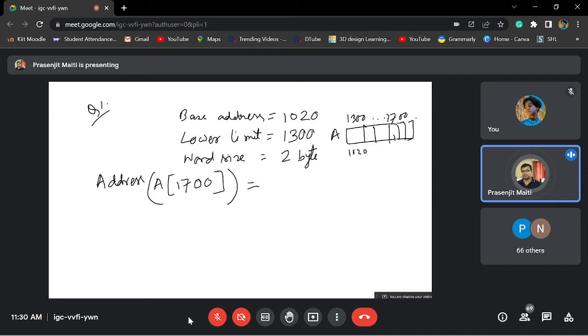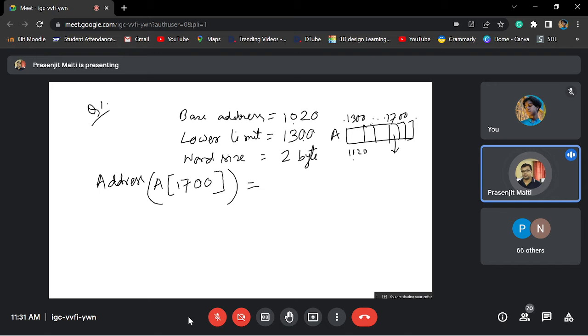This is the lower limit, the starting index 1300, and the base address 1020 is the address of the first location. To store one element, it requires 2 bytes.